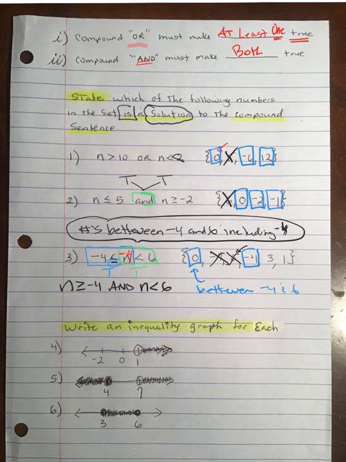Again, you can break it apart if you wanted to. Is -4 greater than or equal to -4? Yes, because it's equal to, so that's true. Is -4 less than 6? Yes, that's true, because negative numbers are always smaller than positive numbers. So again, -4 is a solution because it made both sentences true.